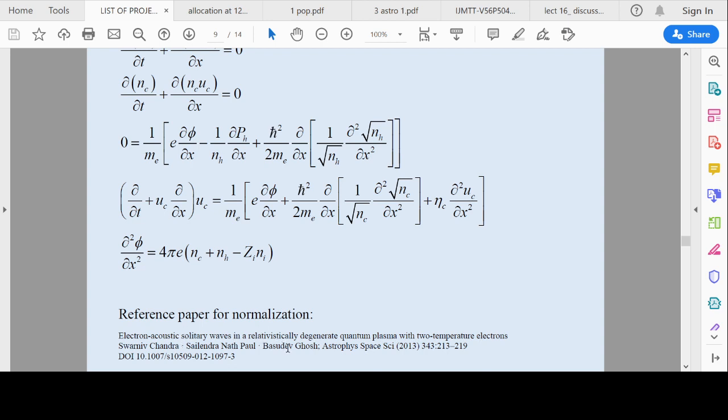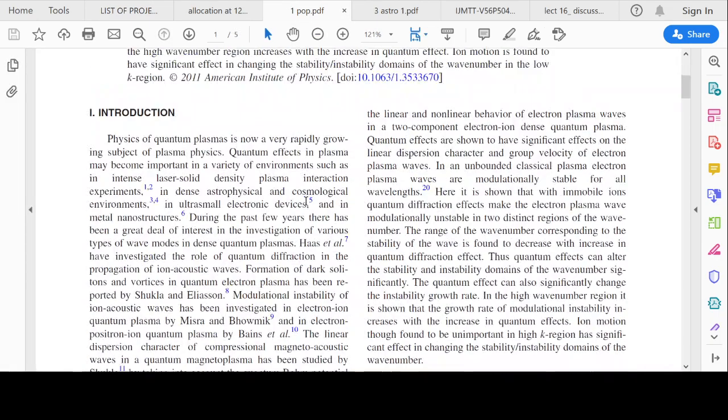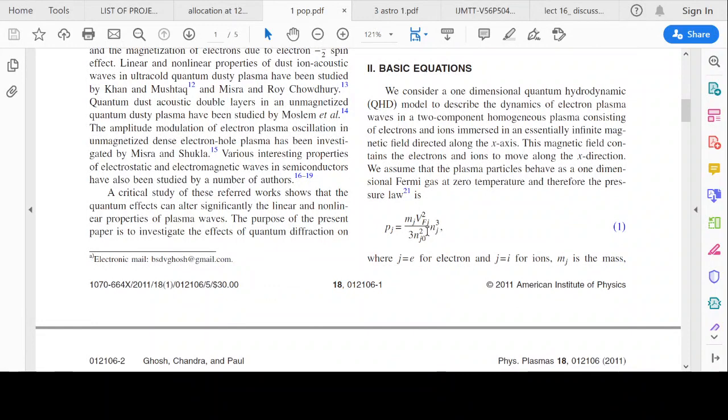For this we have our Astrophysics and Space Science paper, on how to carry out the normalizations. Now you see there are different kinds of normalizations. For instance, here we have a quantum term. These two are the quantum terms. Now this pressure you can take in different ways. If you take a quantum pressure, then you would get expressions like this pressure term.